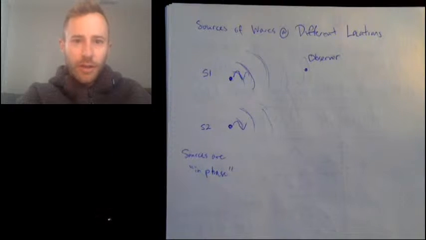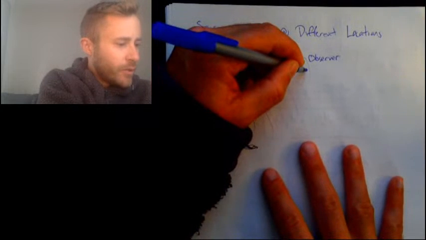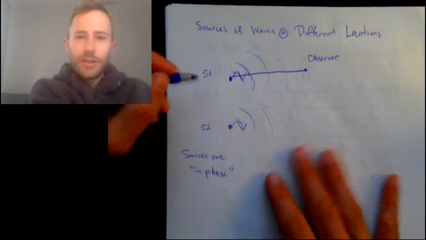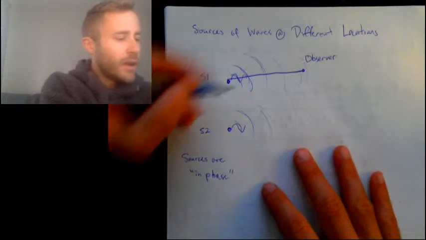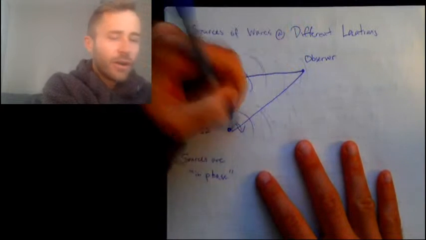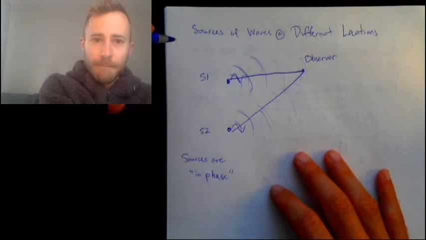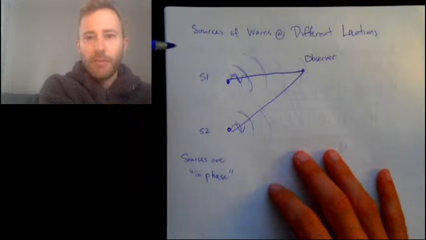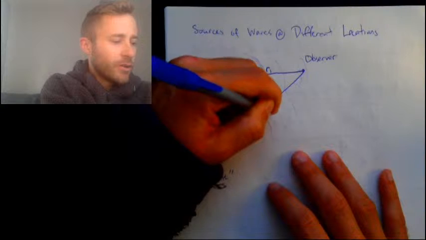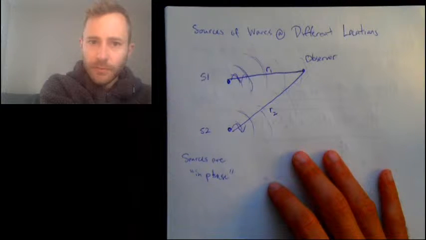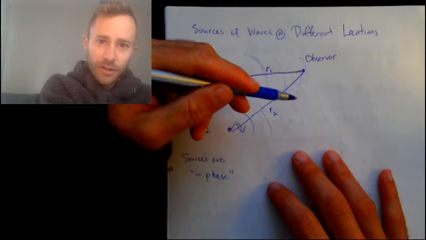Now here's the thing. If we look at it, this distance right here and this distance are not the same. I'll call that R1, and I'll call this R2. These two distances are not the same.